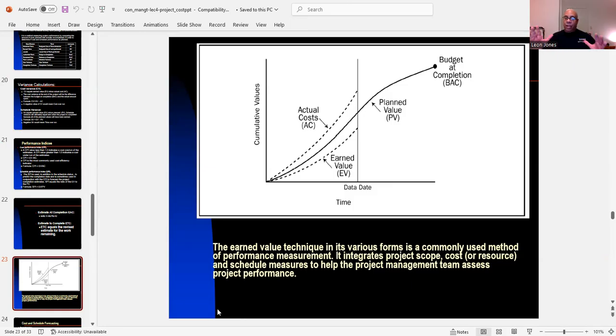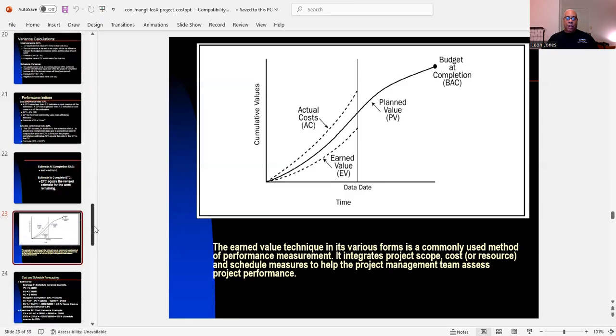Why? Because it integrates project scope, cost, and schedule measures to help the project team assess project performance. And here's what it looks like. You have your actual cost, your earned value, your planned value, and then you have your budget at completion.